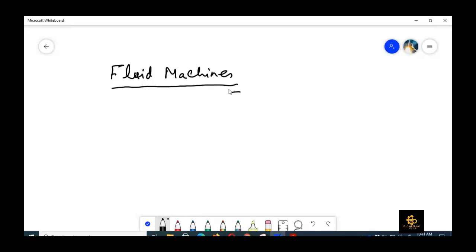Now it has two types. One is the positive displacement machine.